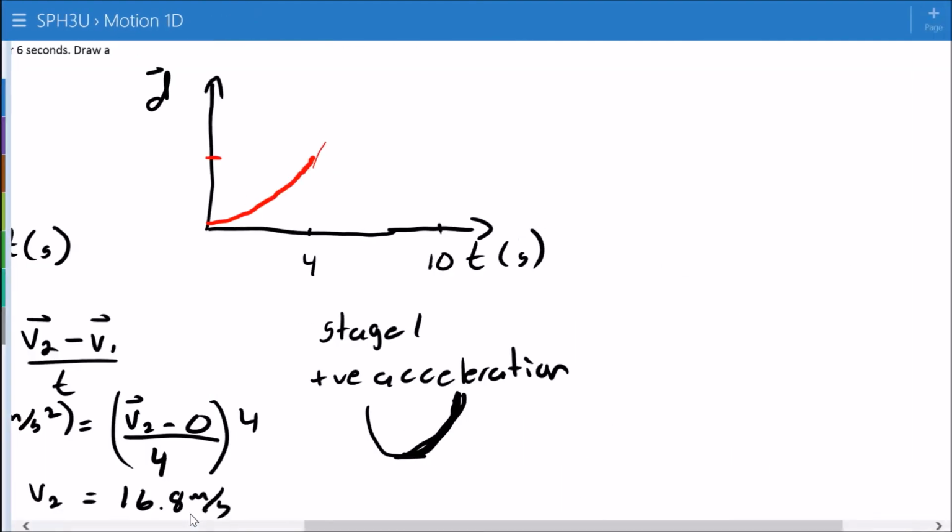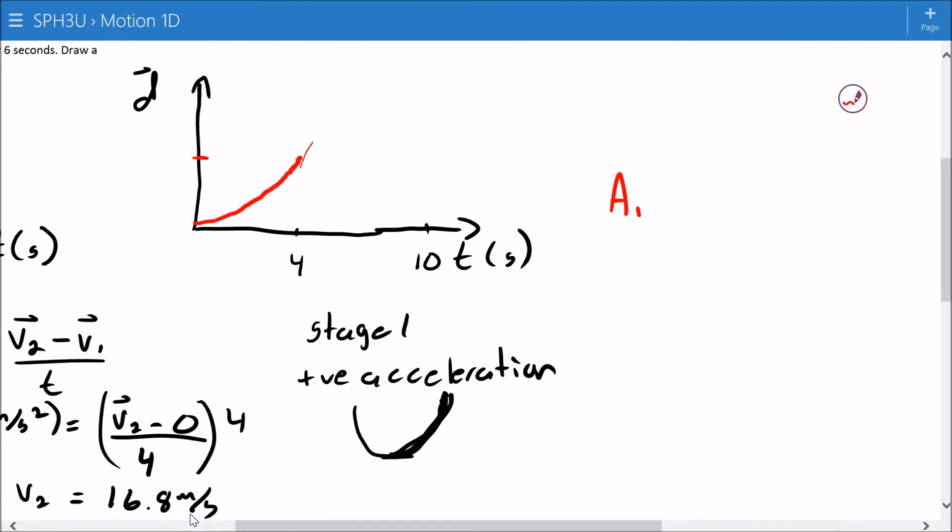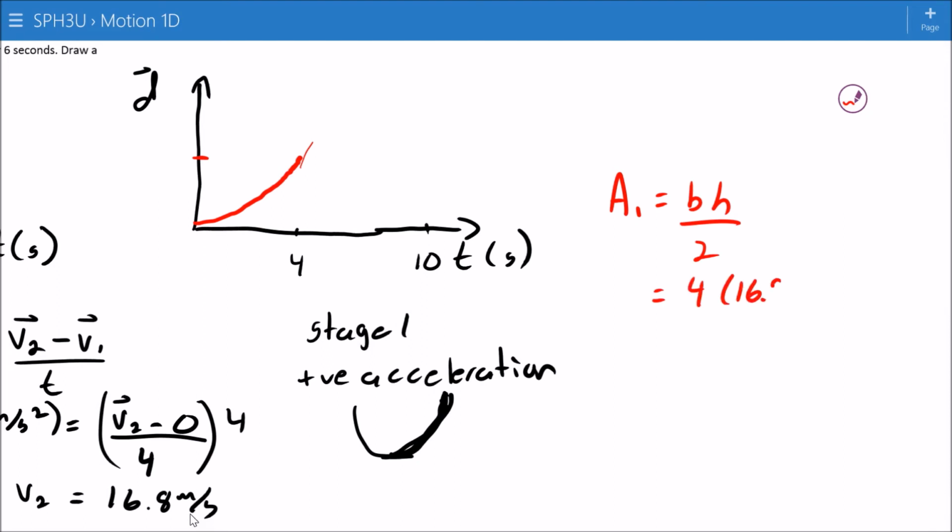So if I use the formula for the area of a triangle, base times height divided by 2, that means 4 times 16.8 divided by 2. This works out from units to meters per second and seconds. 16.8 times 2, I get 33.6 meters. So that would be 33.6 meters.